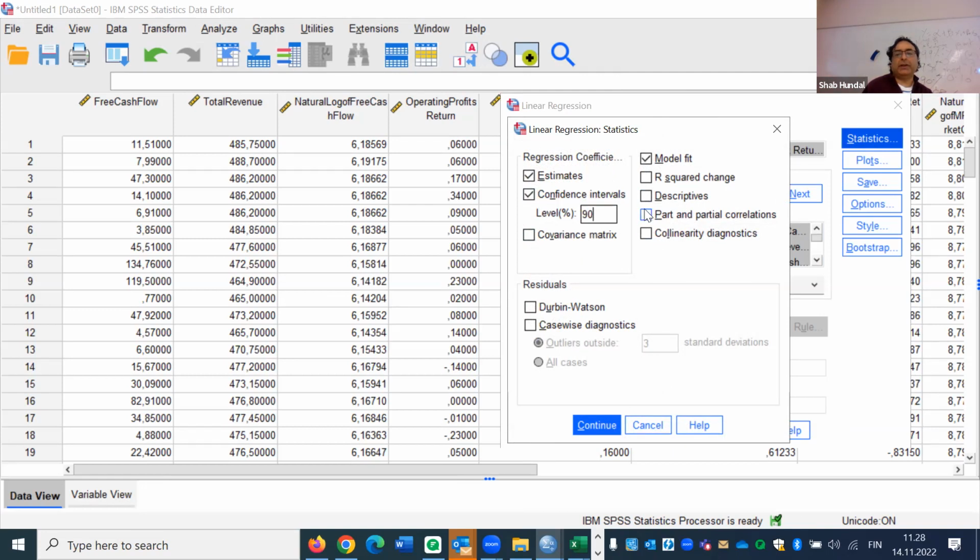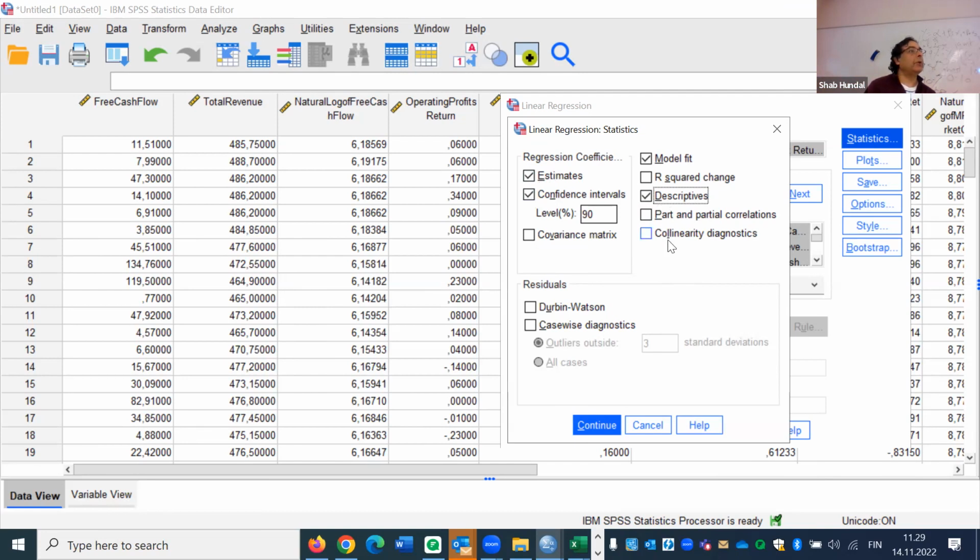But if you want descriptives, can you see descriptives? You have got them already, but you can also get descriptives in the regression process as well. Don't worry about anything else. I will redo this next week, and I'll explain the Durbin-Watson and collinearity when we meet. But for today, we only take estimates, confidence interval, and descriptives, and that's it.